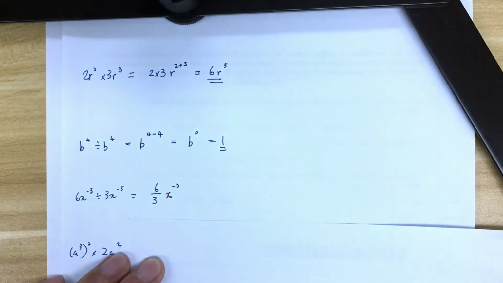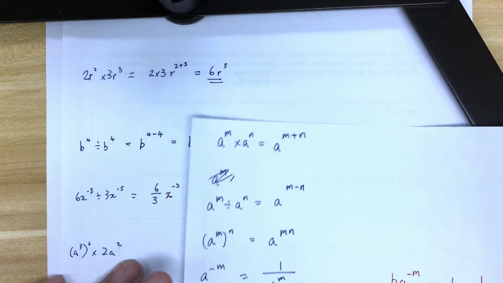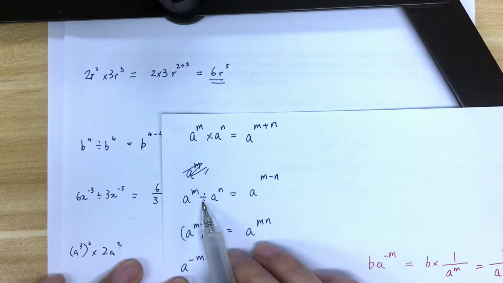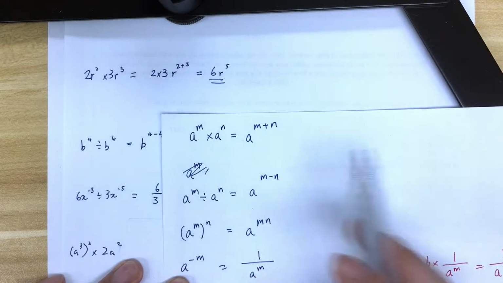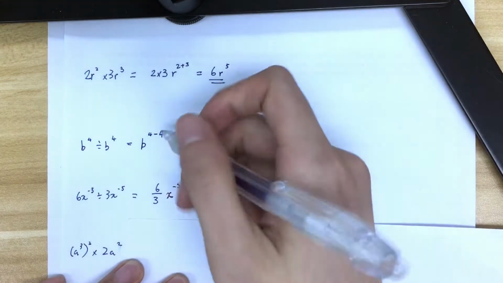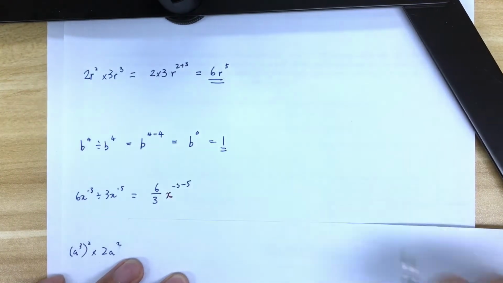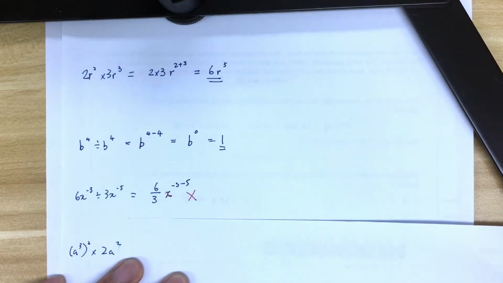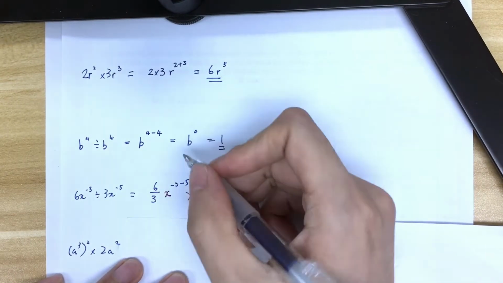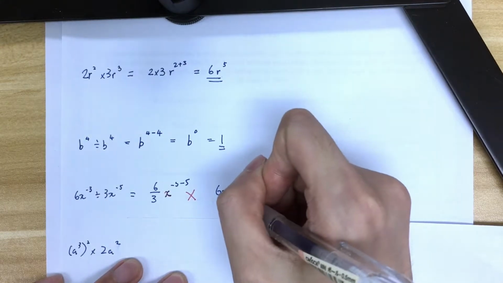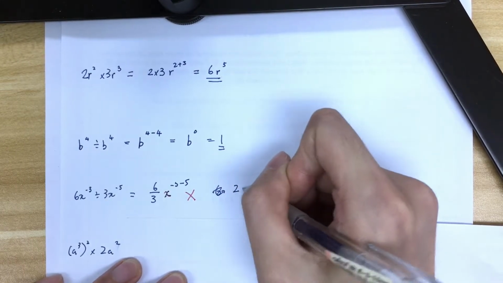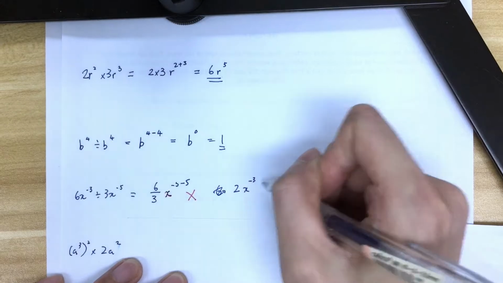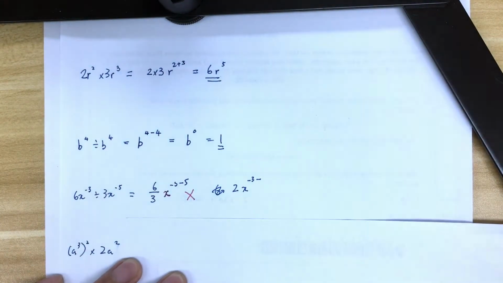The x to the power minus 3, by index law, will be minus, and that is the trick in it. If you just purely put minus 5 in, that will be wrong. So 2x to the power minus 3 minus n.